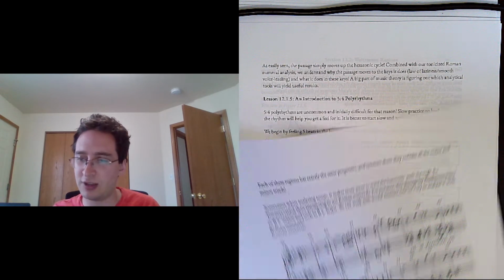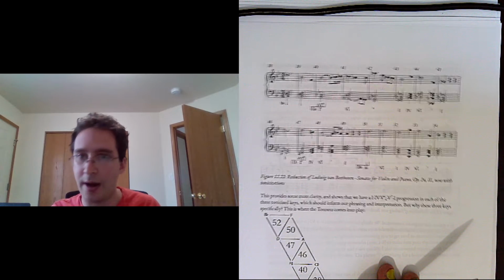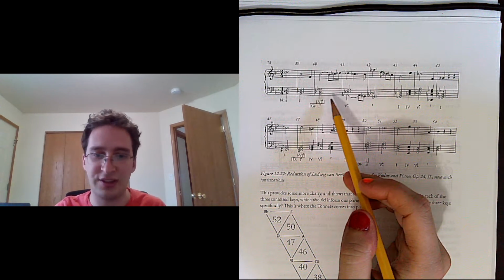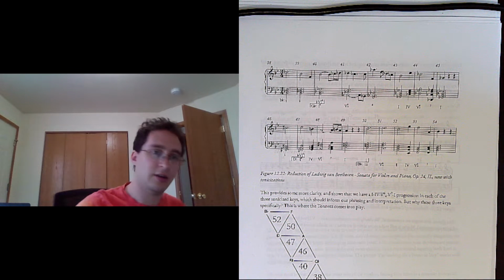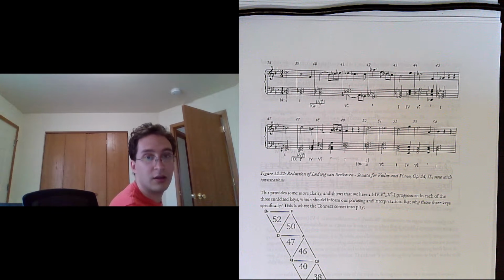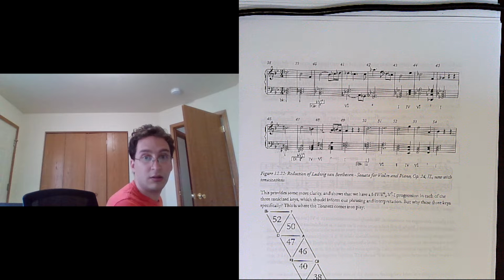Maybe it'll make more sense if we treat it as modulations to those keys. So it's the same sort of thing up here, where we start in B flat minor, and then we say we're modulating to G flat, 4, 5. Okay, that checks out.